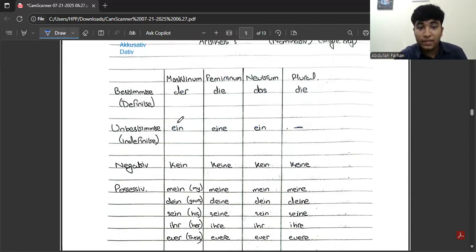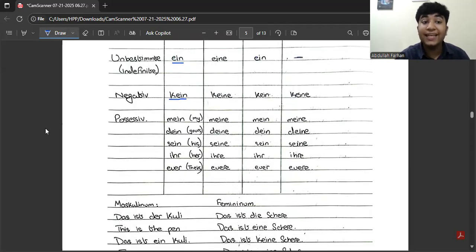All right. So if I want to say a pencil, I will say ein Bleistift. If I want to say not a pencil, I will say kein Bleistift. If I want to say my pencil, I will say mein Bleistift. If I want to say your pencil, I will say dein Bleistift.